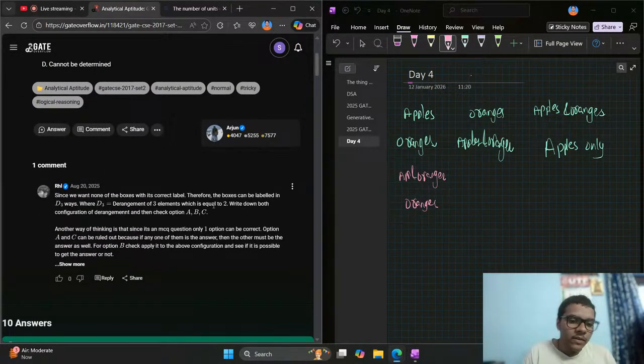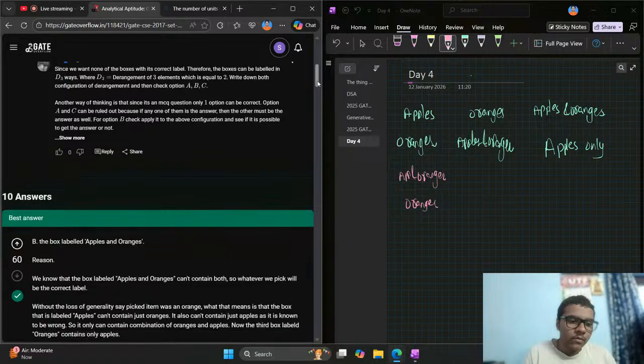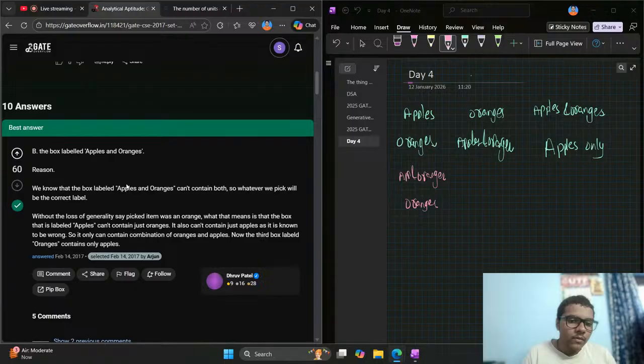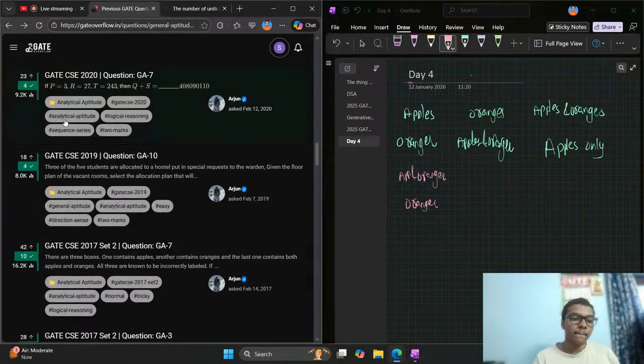None of the boxes, okay? The correct label. The box that is labeled cannot just contain oranges, it also cannot. Yep, this is the same thing that I did.